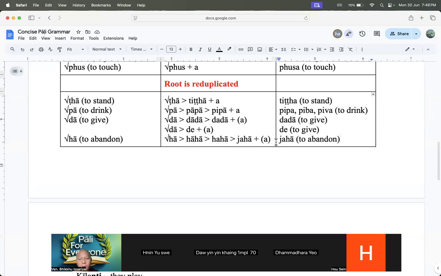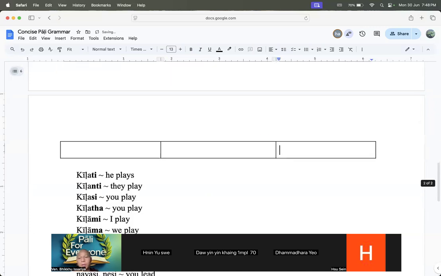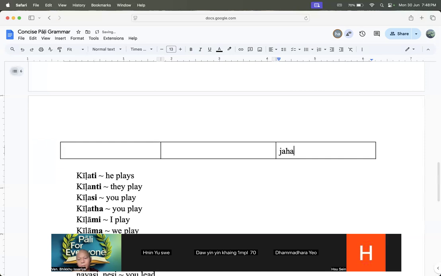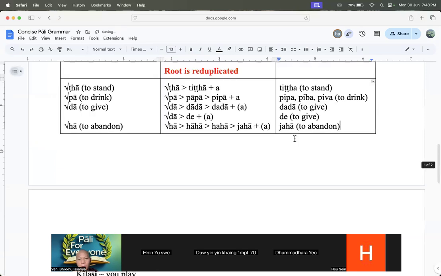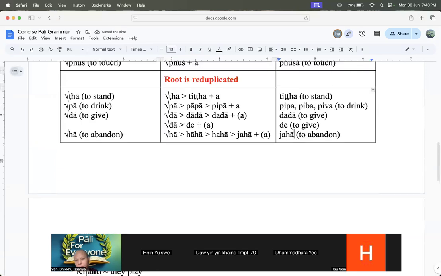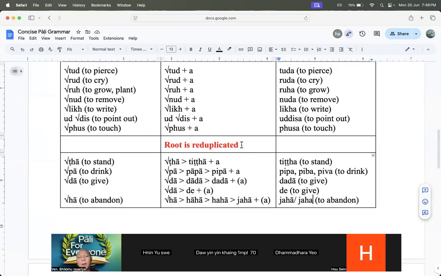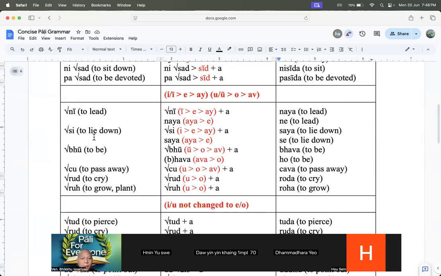But if we don't remove this, so we can have the jihad base also. For this one, reducing is optional. So jaha or jaha to abandon. So in this way can be found. Okay, so these are connected with these sign.